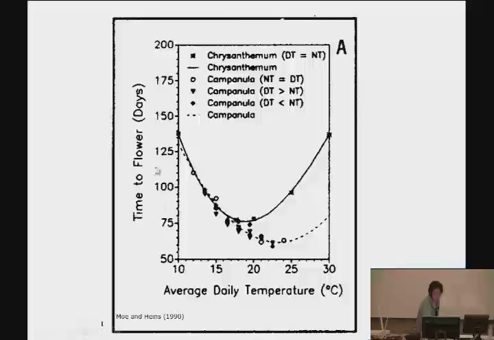Again, this is time to flower, so that's why the curve is dented rather than peaked, but it means the same: the fastest growth or development occurs at that temperature. The two species are different, but it's also comparing different combinations of temperature and showing that regardless of the temperature combinations, 24-hour average temperature explains the development rate.